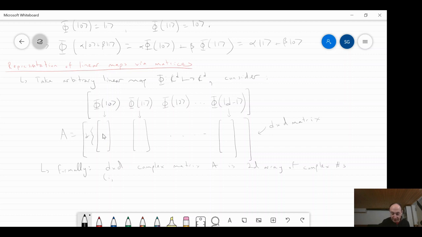The ijth entry of this thing, so this is row i, column j, is just going to be some complex number. So for example, if I look at row i, column j, that means you go down i and then you go to the jth column, and then you look up the number there. And so that's basically it.